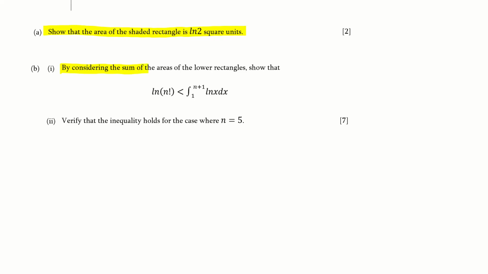By considering the sum of the areas of the lower rectangles, show that ln n factorial is less than the integral from 1 to n plus 1 of ln x dx. So, the area under the curve is going to be the integral from 1 to n plus 1 of ln x dx.